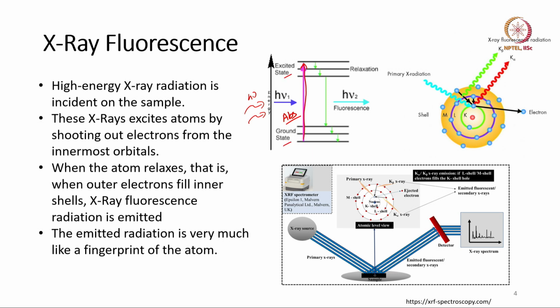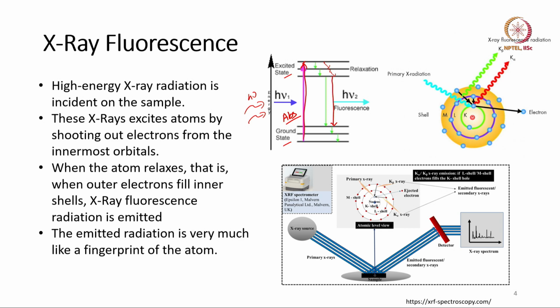Then the electron loses some of the energy in the form of thermal relaxation, and the energy is emitted in the form of fluorescence. We can utilize this phenomenon in X-ray fluorescence spectroscopy.